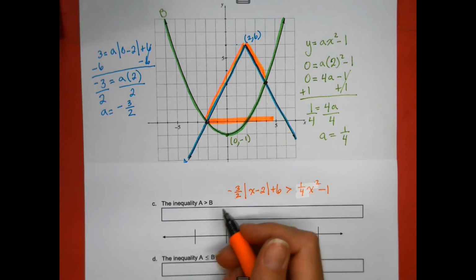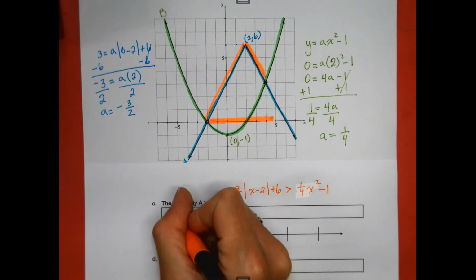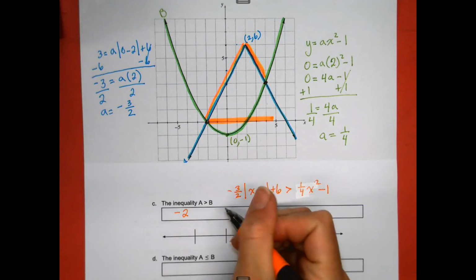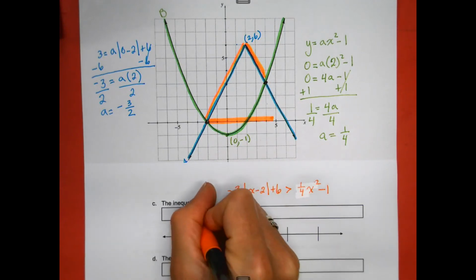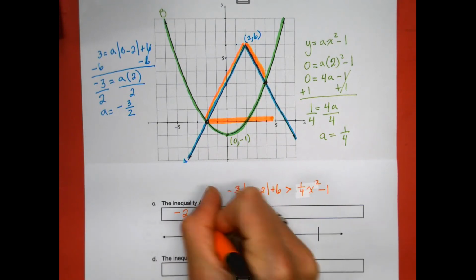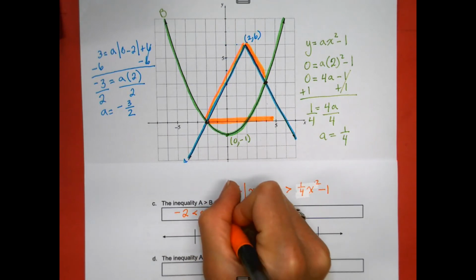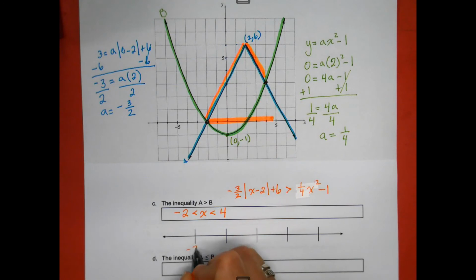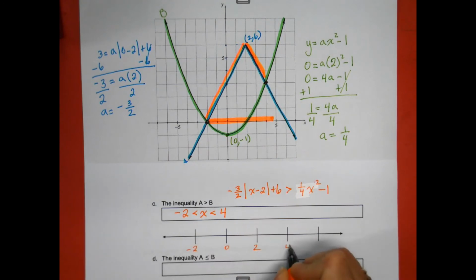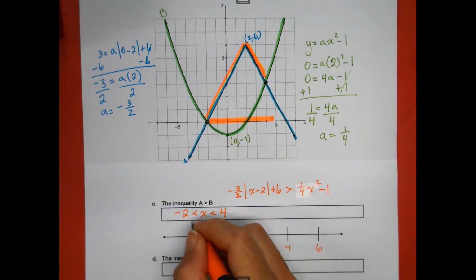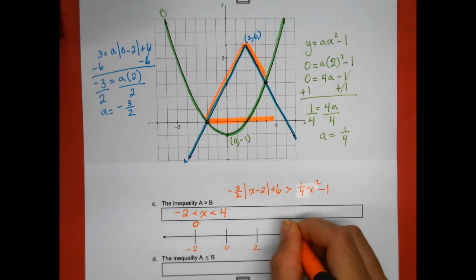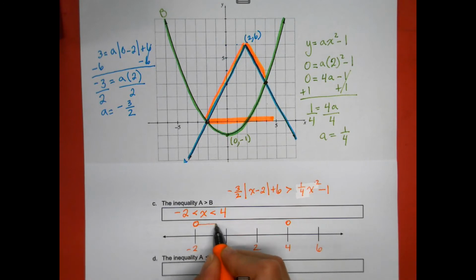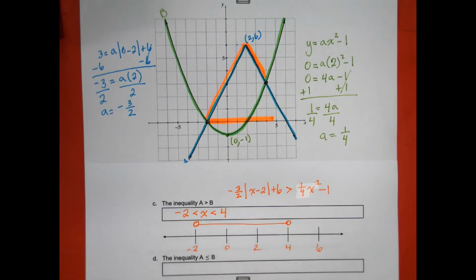Our inequality is going to be -2 is less than x, which is less than +4. And on our number line, we would have an open circle at -2 and an open circle at +4 and a line in between connecting them.